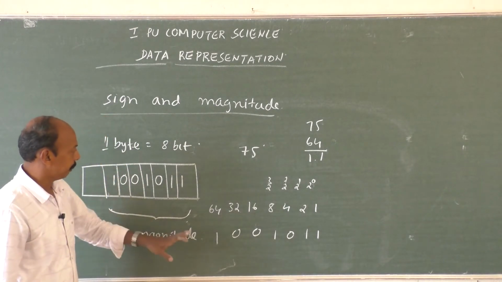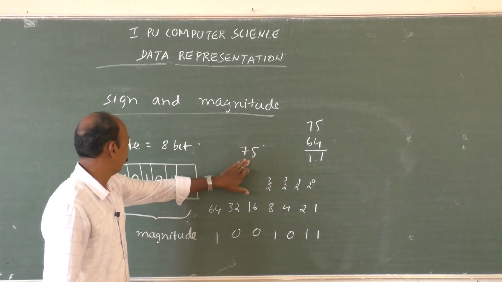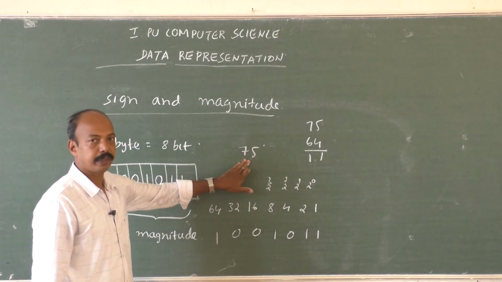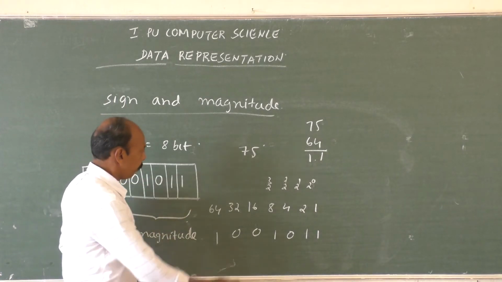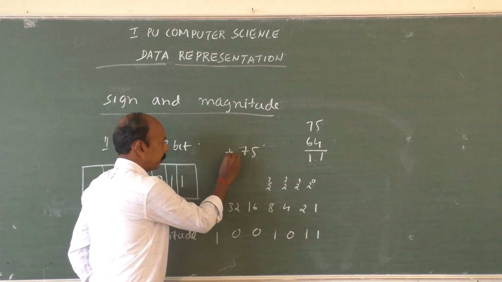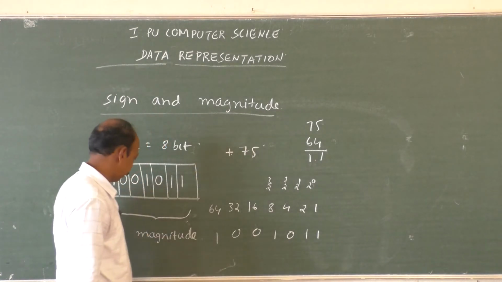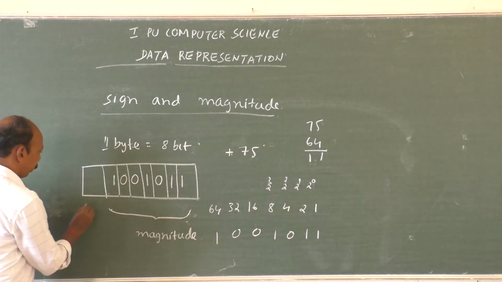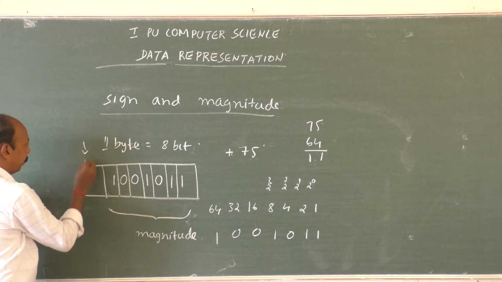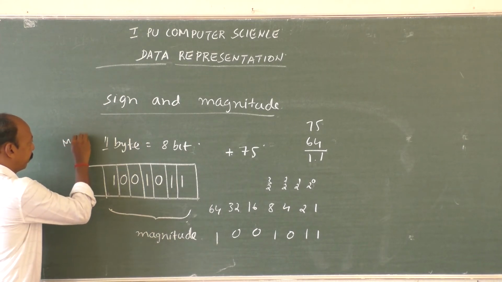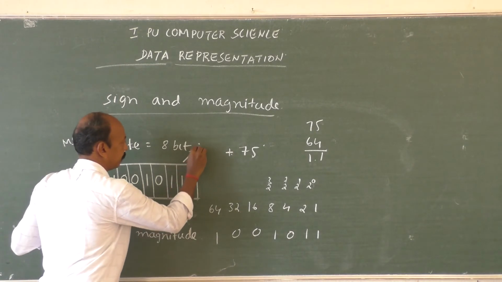Then comes, see, this is 75. What we have written is 75. This is the magnitude. Now, if we want to write plus 75, this is MSB here, and this is LSB.